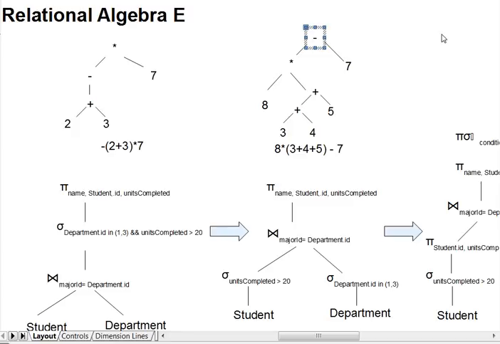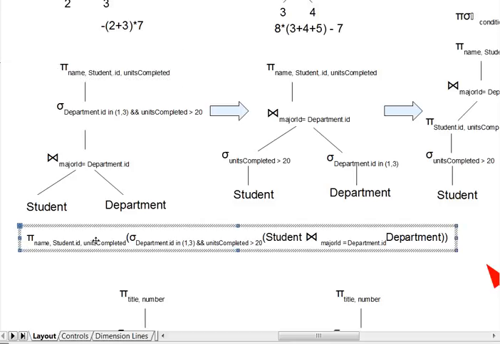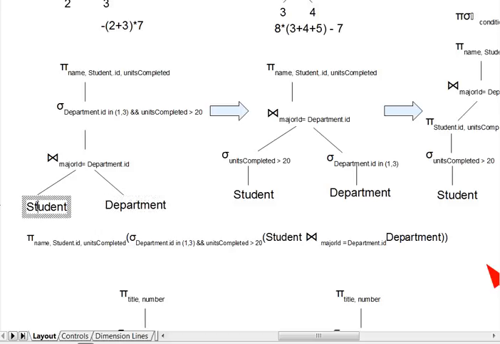Now, expression trees for RA expressions are similar in concept, but the leaves are relations, not numbers. And the operations are join or projection or selection. For instance, if we look at the RA expression for our first sample answer to question 1, then as you can see in the notes, student and department are the leaves, and they're combined first with a conditional join, a theta join.